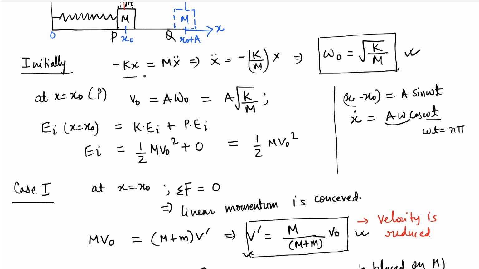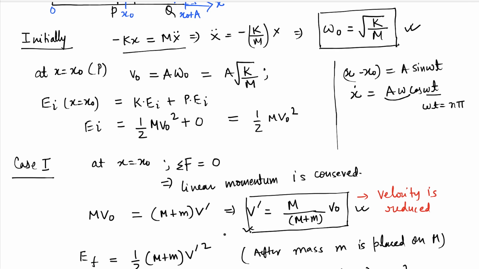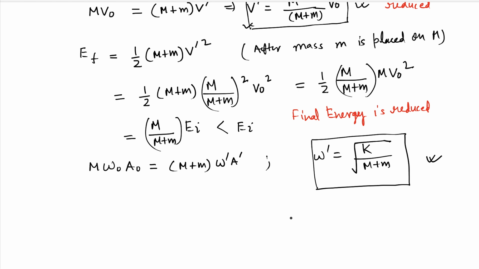This equation minus kx equal to m plus m x double dot. Okay.